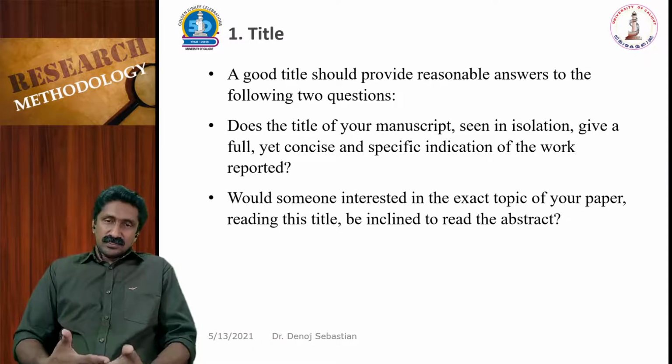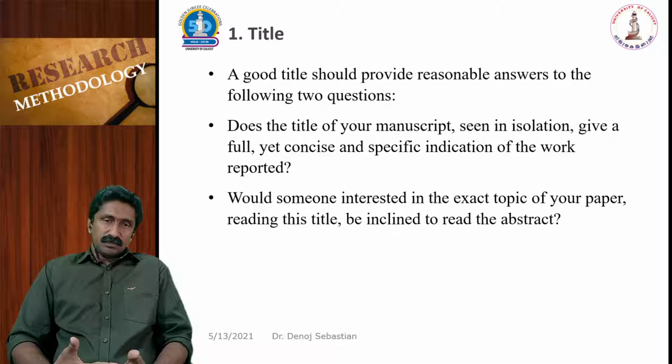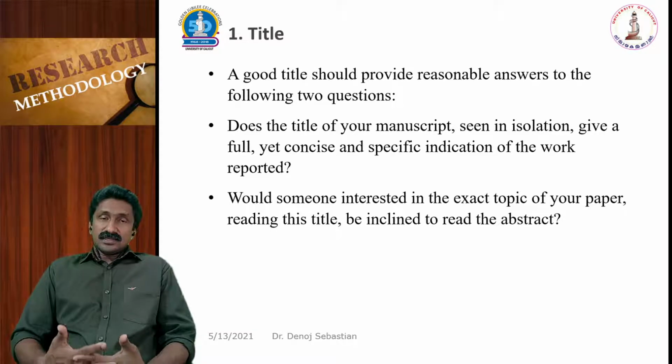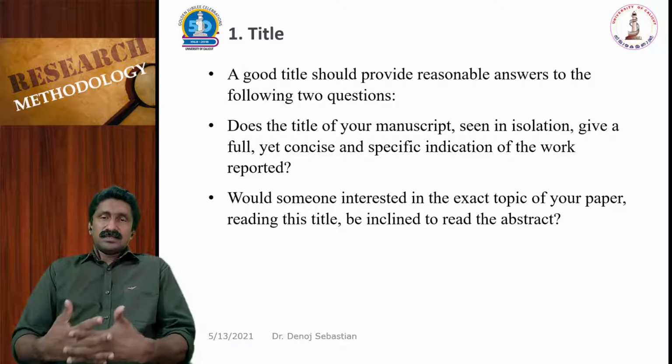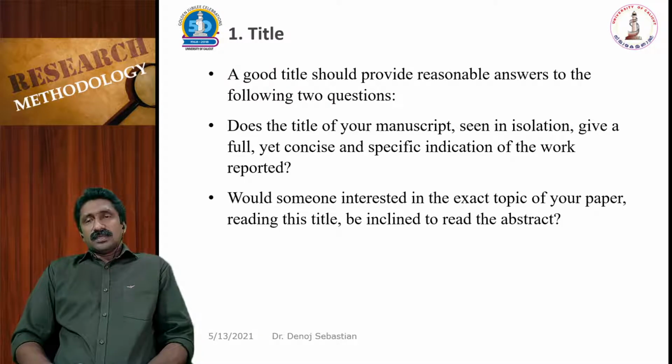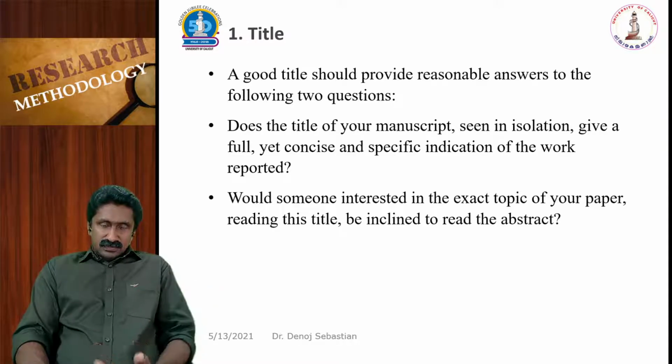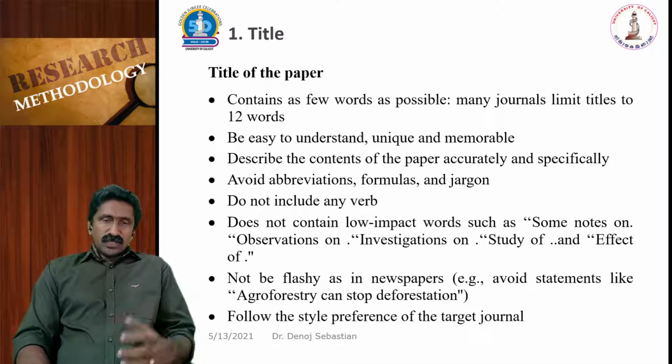So the selection of the concerned paper by a researcher generally starts from the title. And even the meta-analysis programs and systematic review process, everything will depend upon the quality of the title. So this is about the requirement of a good title.